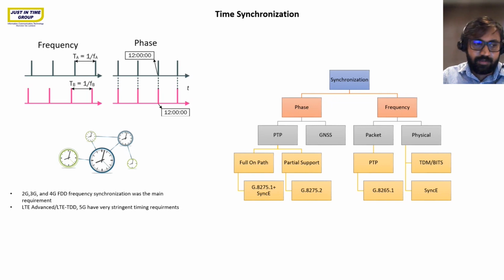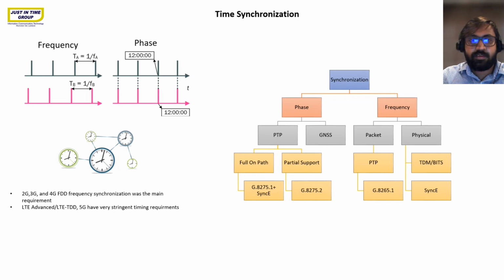In the previous generations, let's say 2G and also 3G and LTE FDD, frequency division duplexing, you did not have a very stringent requirement on time, that means phase synchronization. But with LTE advanced and also LTE TDD, and also with 5G, there's a very stringent requirement to distribute timing information from the clock sources or maybe GNSS receivers towards the edge of the network. So this is a very important aspect.